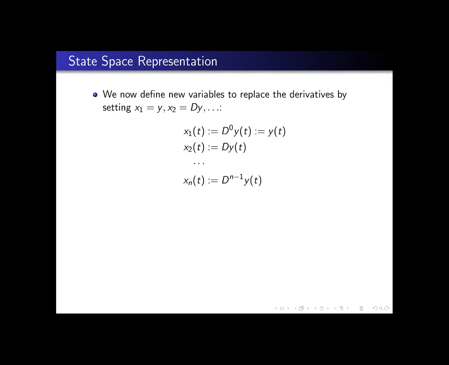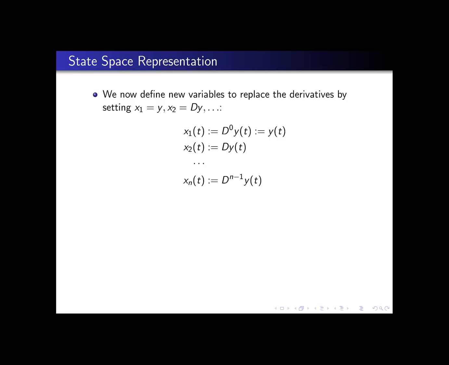How do we do that? Well, we first define x1 to be the zeroth order derivative of y, in other words, y itself. And then the second state variable, x2, we define to be the first derivative of y, and so forth, until we arrive at x sub n, which is equal to the n minus first derivative of y.